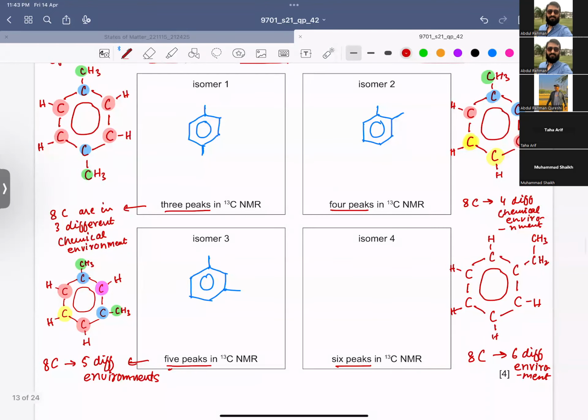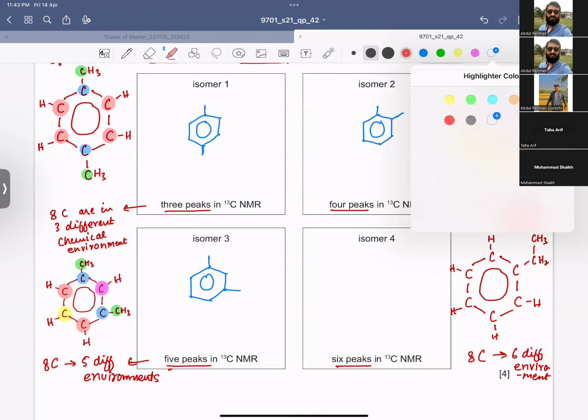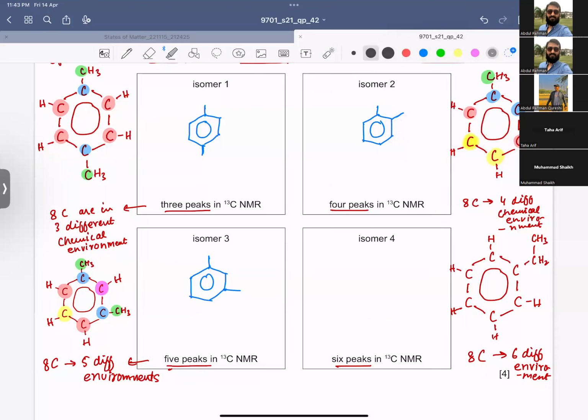So now see, this carbon gives you a different signal because it is bonded to 3 hydrogens.